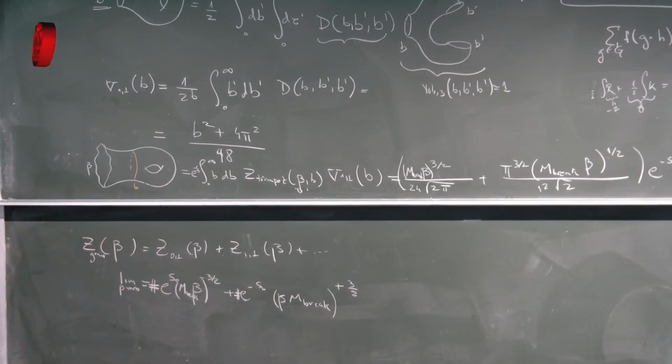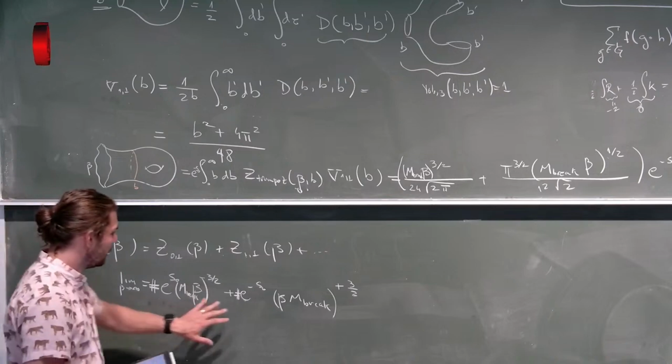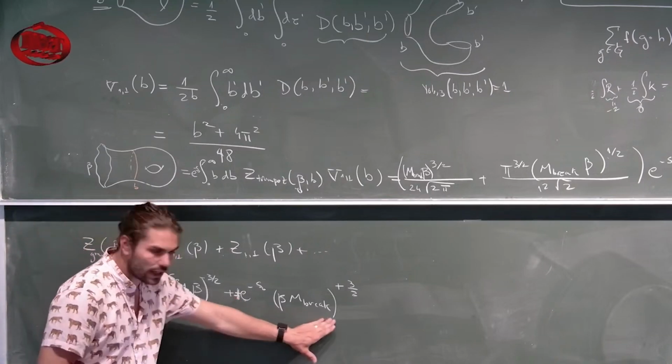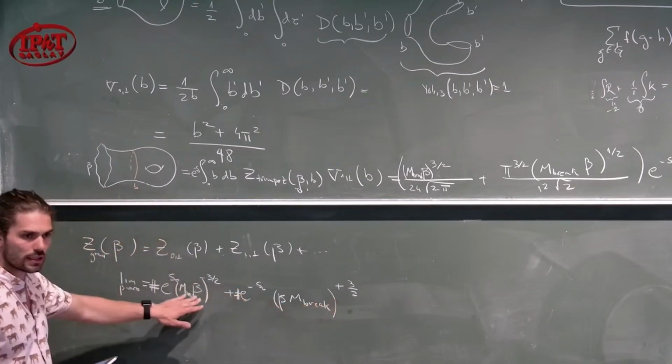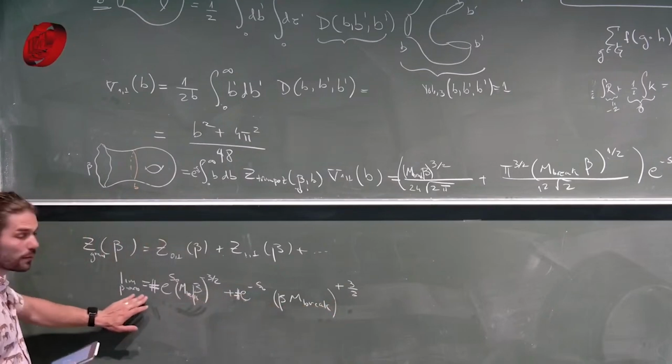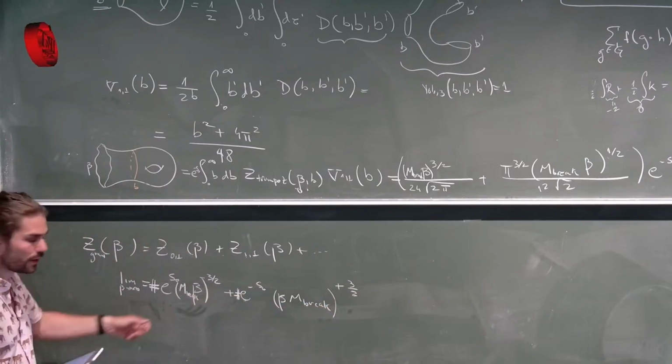Why I wrote this formula, and why I thought it was interesting, is because notice that as the temperature becomes very low, eventually this non-perturbative correction kicks in and dominates over the contribution coming from genus 0.